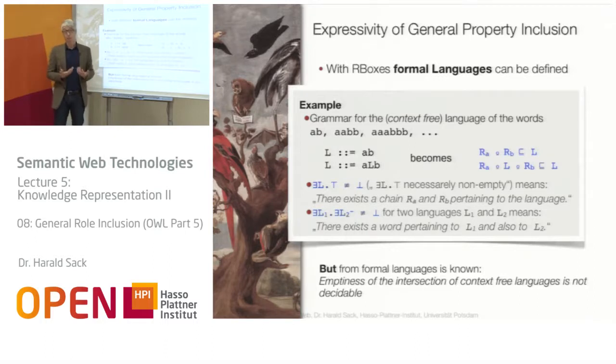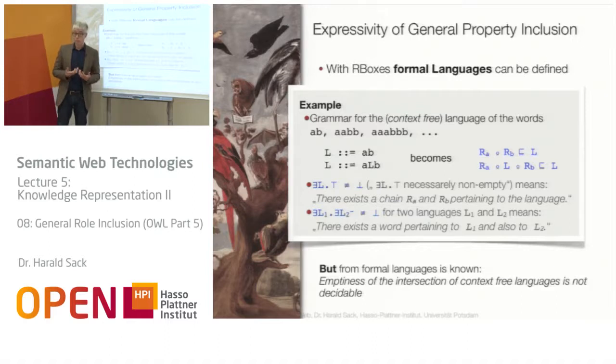These simpler languages are the so-called regular languages. And regular languages have much simpler construction rules. For them, the problem of the emptiness of the intersection of two languages is decidable.